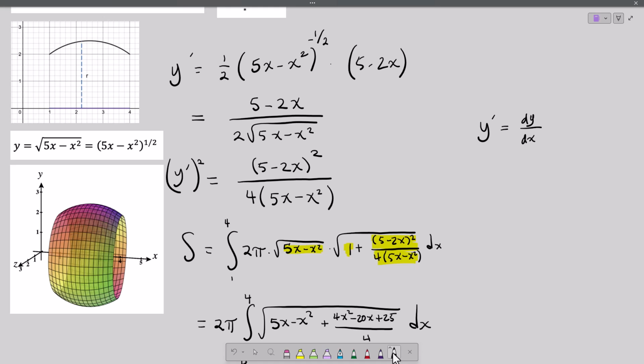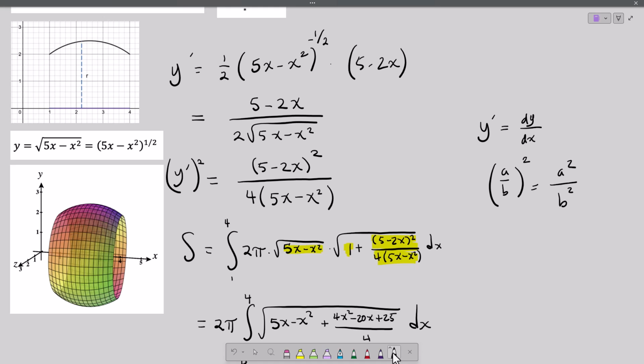But what does it mean when we put a 2 up here? Square. Okay, so that's squaring it. So if we look at y prime right here, once we do the chain rule to get y prime, then we're squaring it. If you have a fraction and you want to square it, you have to square the top and the bottom.